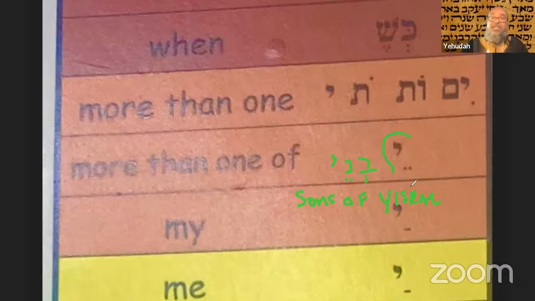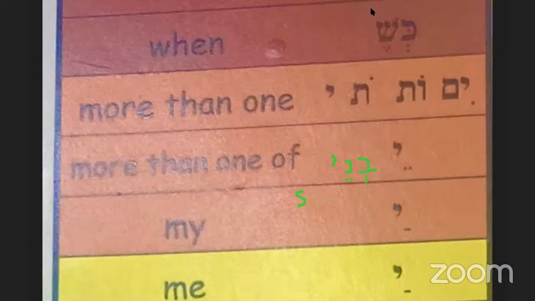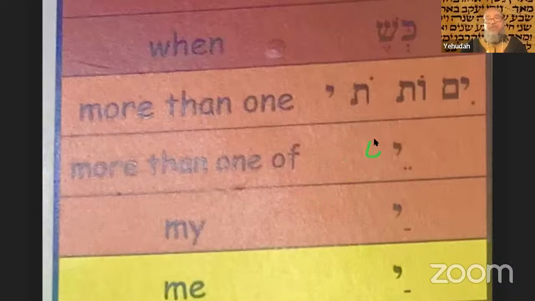And so when you see this attached to anything, it could be a son, it could be horses. So what's the word for horse, if you can remember? Sus. There you go. Sus is samekh, vav, samekh, and then we'll dot right here. So that's sus, that's one horse.